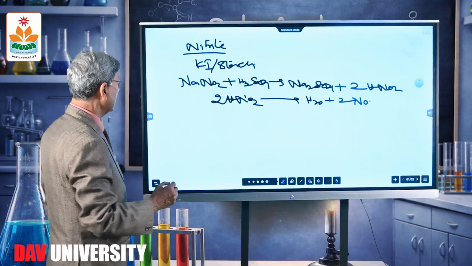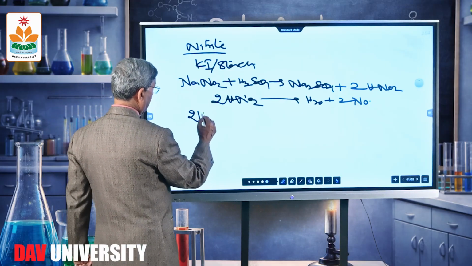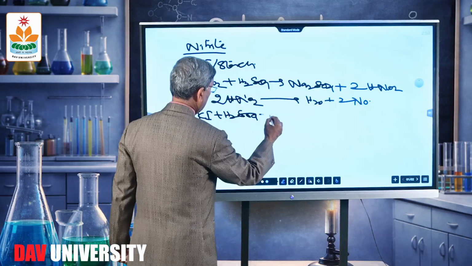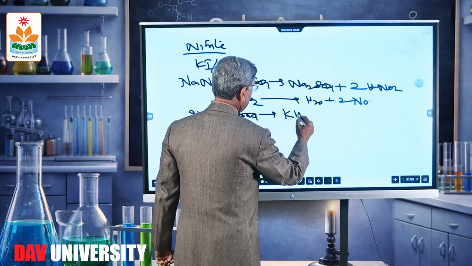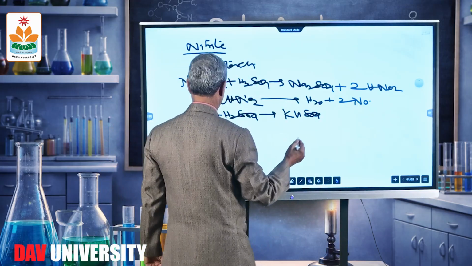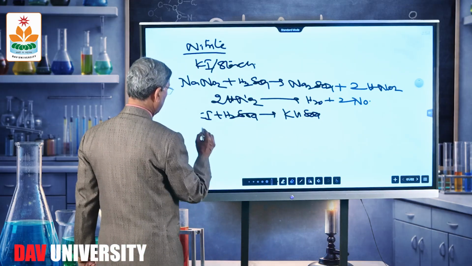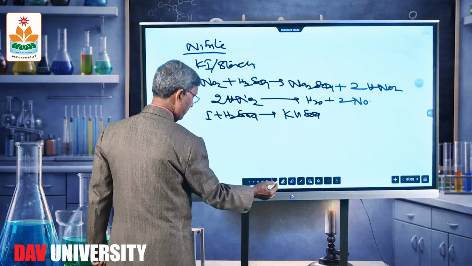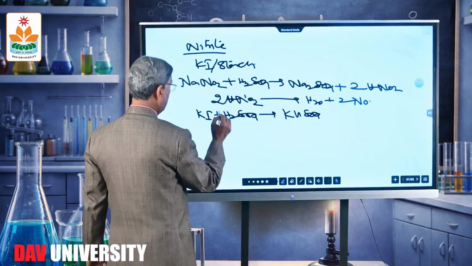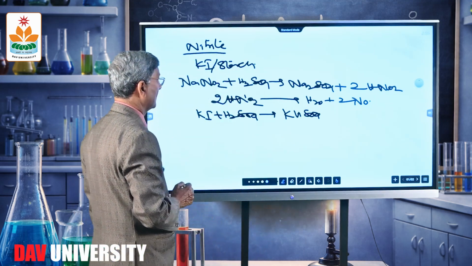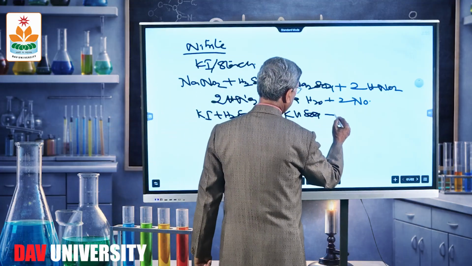Now we have added KI. This KI in the presence of H2SO4, which we have already added, will give us KHSO4. K plus H2SO4 will give you KHSO4 plus HI.